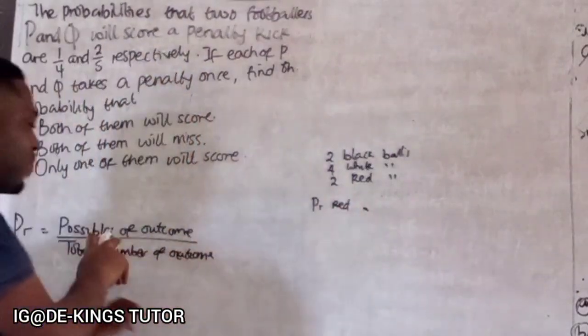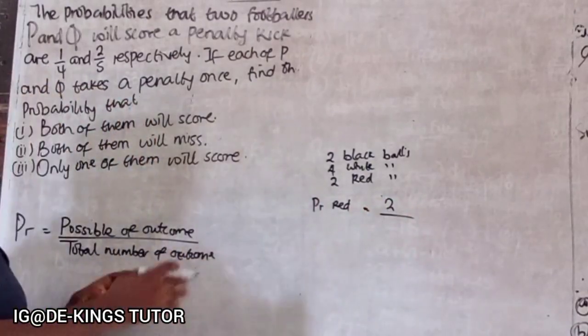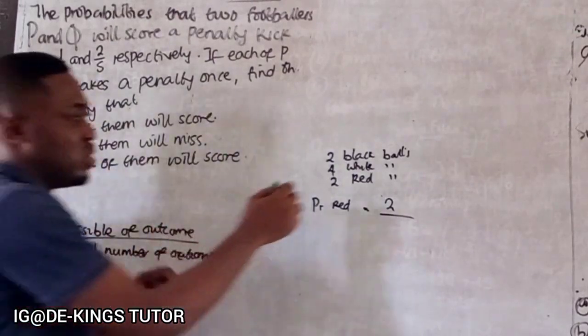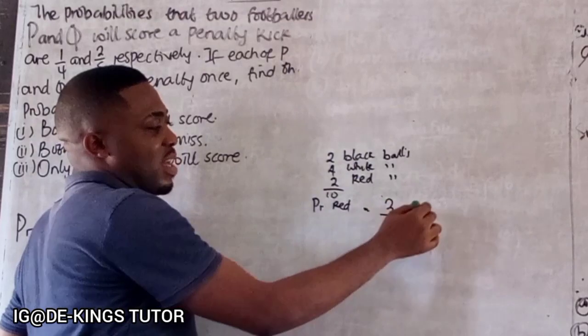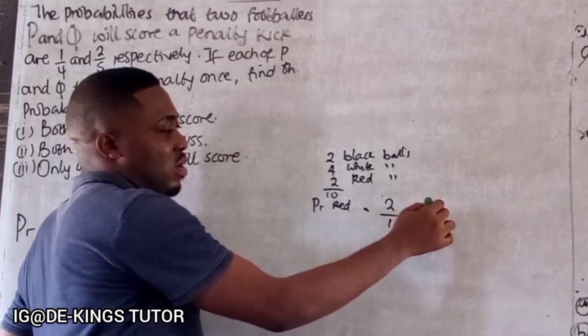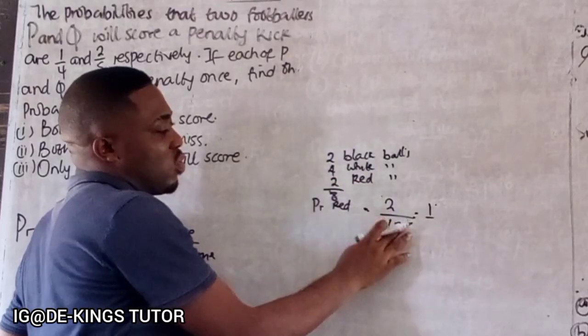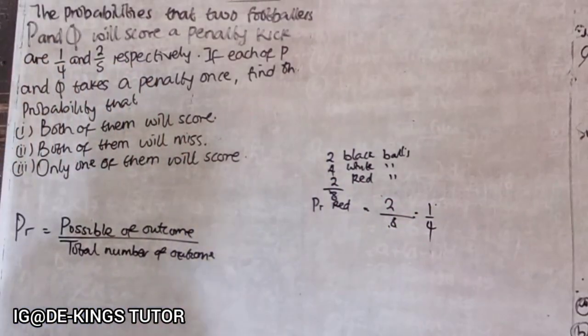So it means the number of possible outcomes. How many red do we have there? It is 2, because we don't have more than 2. Divided by the total number of outcomes. The total number of outcomes is the total number of balls, which is 8. So 2/8 equals what? 1 over 4.